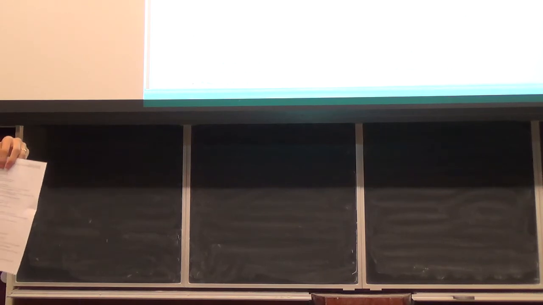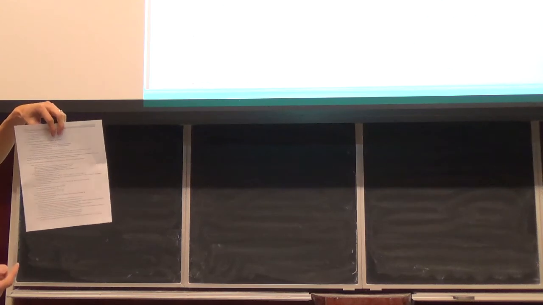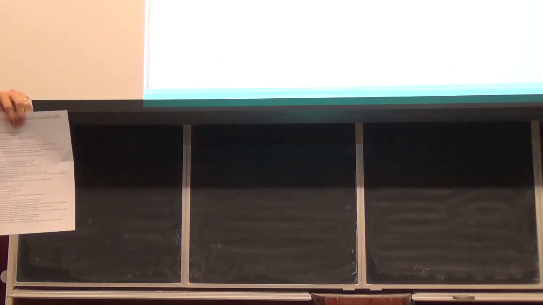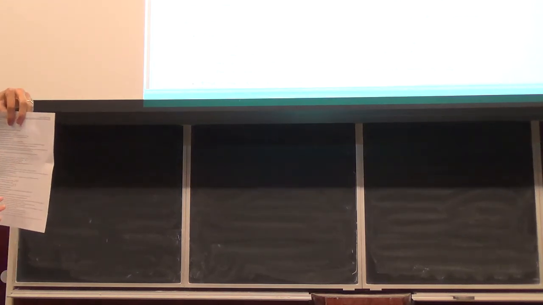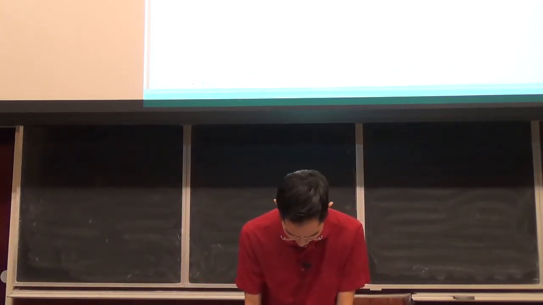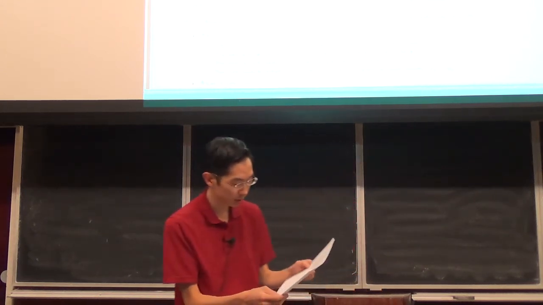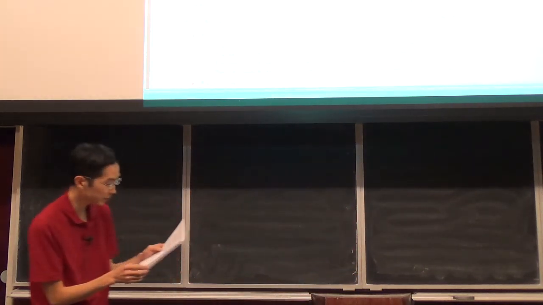Etc., etc. In this study guide, I've listed how you should answer those types of questions based on the situation you are dealing with. Okay? So let's take a look at one of these problems from the practice final exam. Let's look at problems 5 through 10 on the practice final.